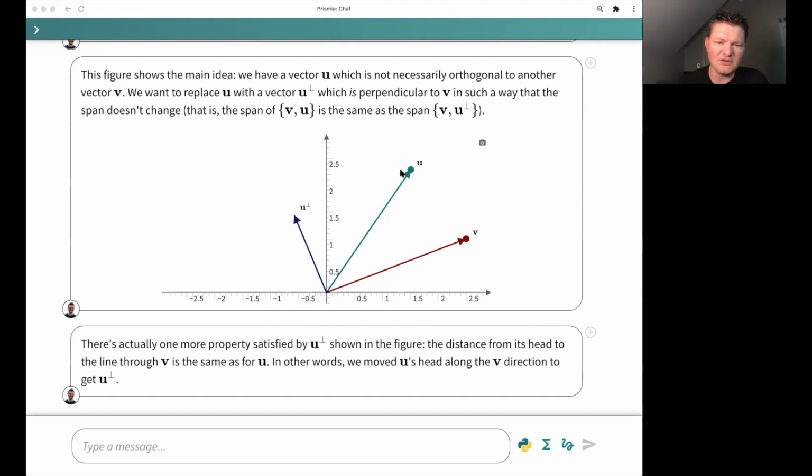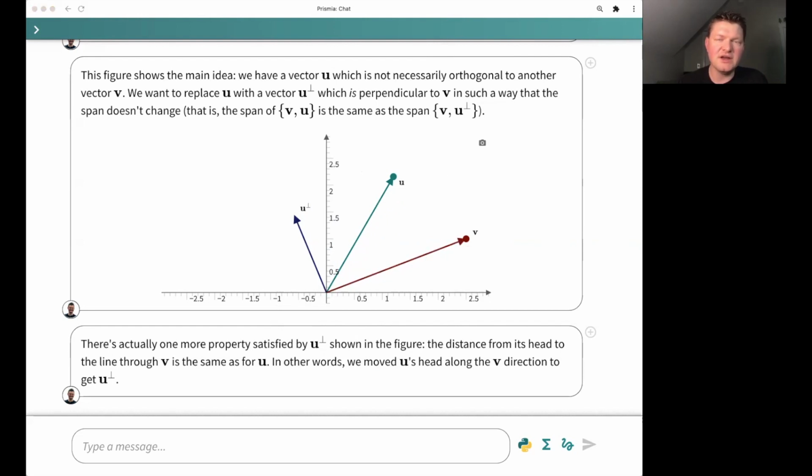So we're moving u as little as possible to get it to this vector u perp. Without that condition, u perp could be shorter than it is or longer than it is, or point the other direction. The thing that specifies exactly where it should be is the fact that the line passing through the head of u perp and the head of u should be parallel to v.